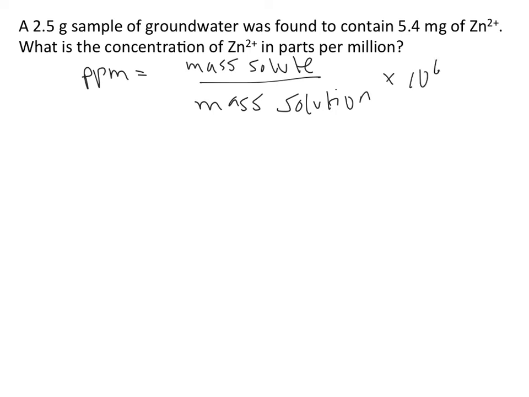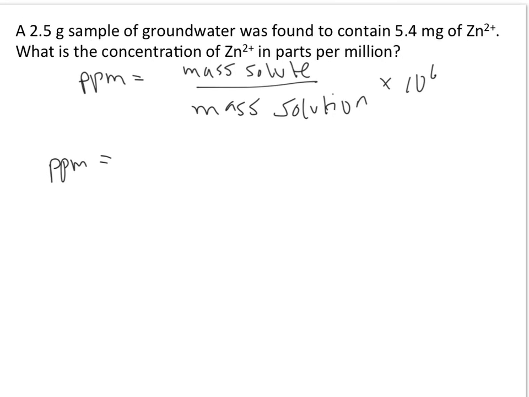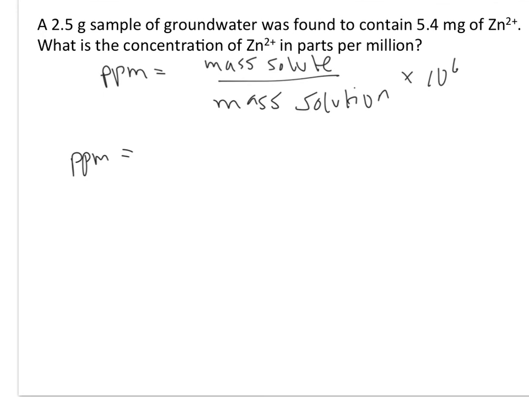In this case, the mass of the solute was given to us in milligrams, and the mass of the solution, which is the groundwater, was given to us in grams. So we need to make those two units match. We're going to convert our milligrams into grams by moving our decimal 3 spaces to the left. That will give us 5.4 times 10 to the negative 3rd grams of zinc 2+.